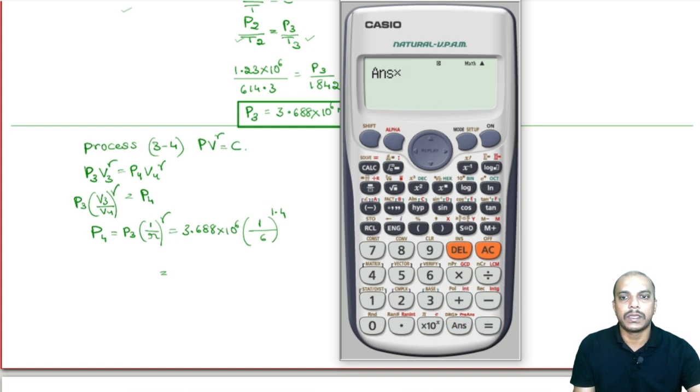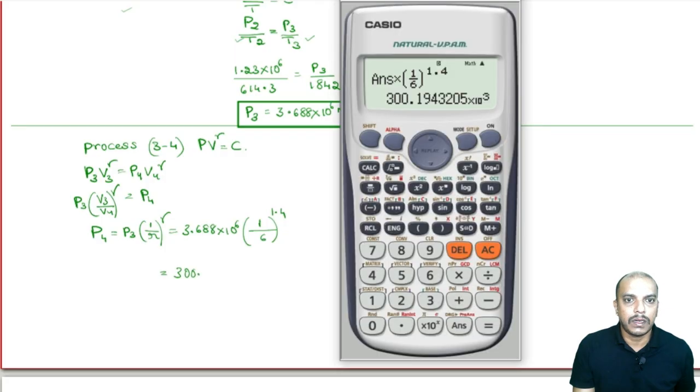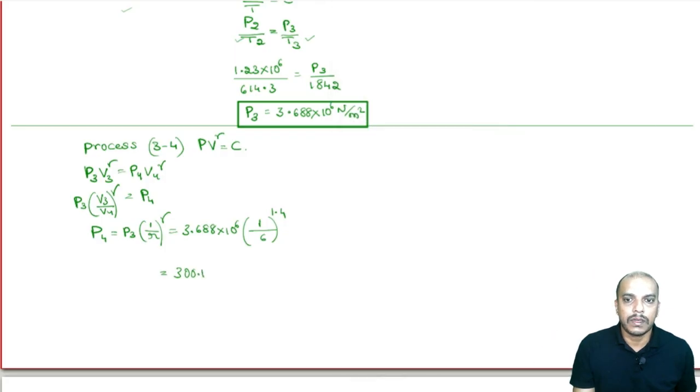So 3.688 into 10 power 6 times (1 by 6) whole power 1.4 gives 300.19 into 10 power 3 Newton per meter square.